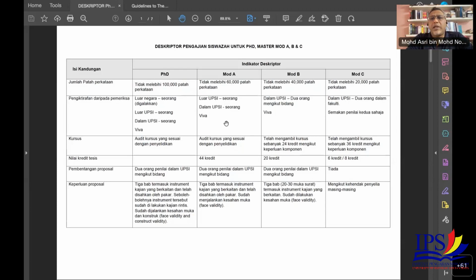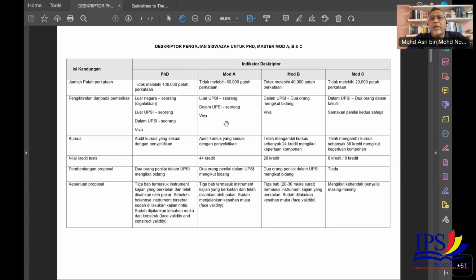So if your lecturers or supervisors ask you to do something that is way beyond the project paper's credit value, please let them know that you are doing a project paper. I know this sounds a bit strange, but that's the reality. You have to tell your supervisor that you're in MOHD.